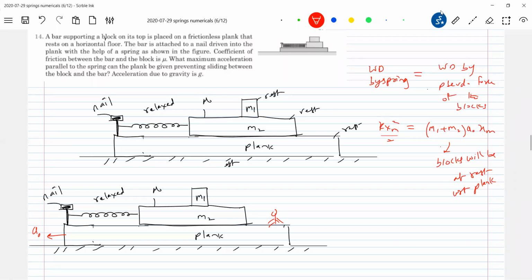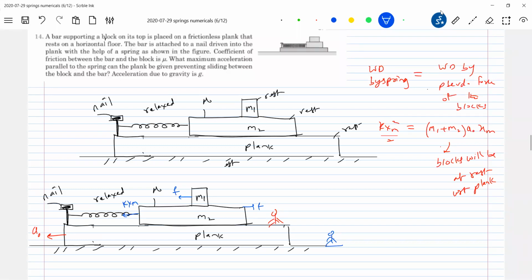Now let's come to the ground frame. Let me take another person who is on the ground. In the ground frame, what are the forces they will see? You'll see that a spring force is acting. Then friction should act like this. And there's no slipping between the blocks here.